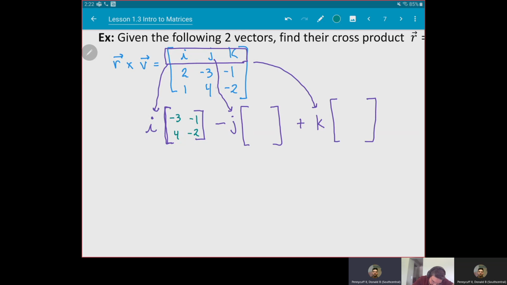For the j, I'm going to cover up the middle, and that's going to leave me with 2, -1, 1, and -2. And then for k, I'm going to cover up the third row and column, and that's going to leave me with 2, -3, 1, and 4.